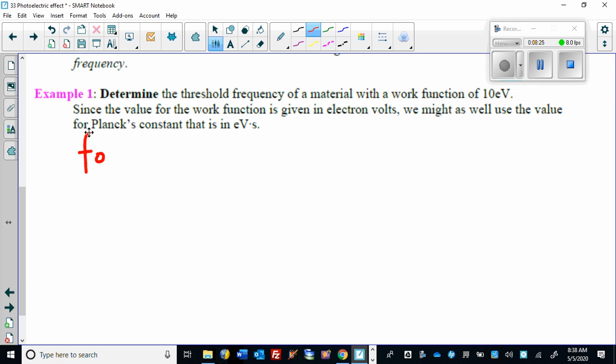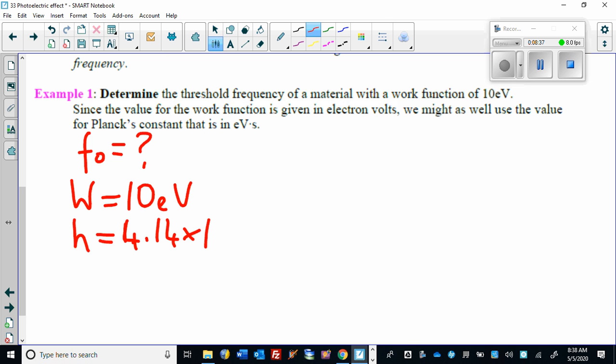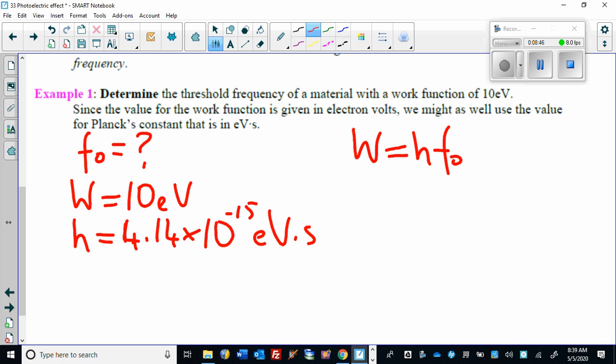Determine the threshold frequency, that's what we want to find. And we're given the work function, 10 eV. And for Planck's constant, we're going to use the 4.14 times 10 to the negative 15 electron volt seconds. Rearrange your formula, plug in the numbers.